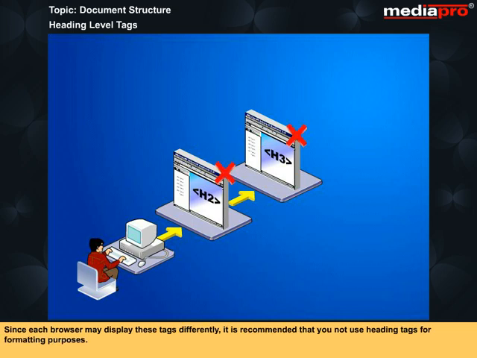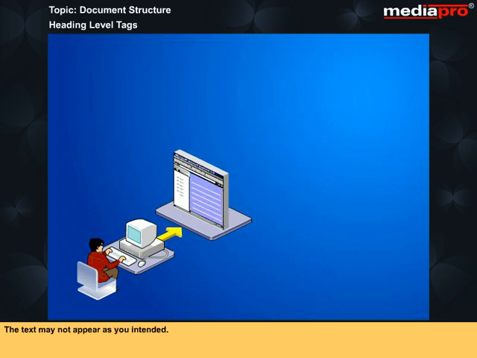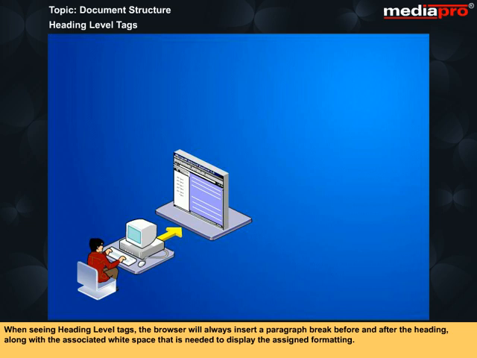Since each browser may display these tags differently, it is recommended that you not use heading tags for formatting purposes. The text may not appear as you intended. When seeing heading level tags, the browser will always insert a paragraph break before and after the heading, along with the associated white space that is needed to display the assigned formatting.